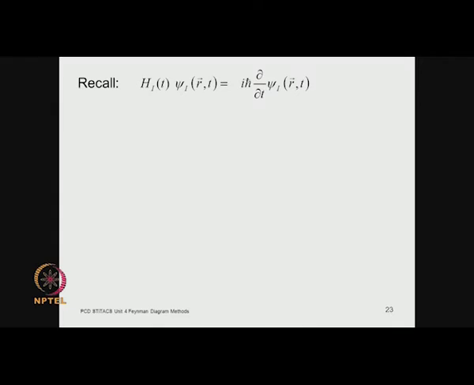So, these properties will be utilized in our analysis. So, you have got the interaction picture Schrodinger equation now. This is the time evolution from time t0 to t of the interaction picture wave function.